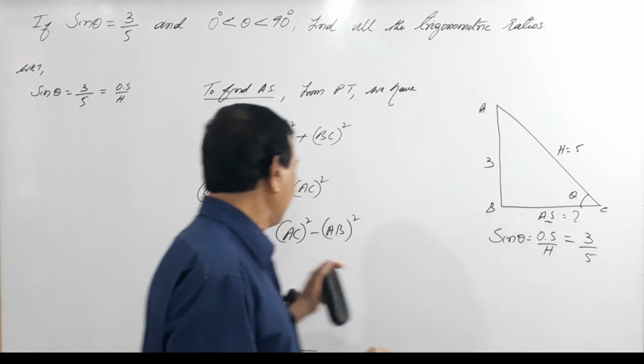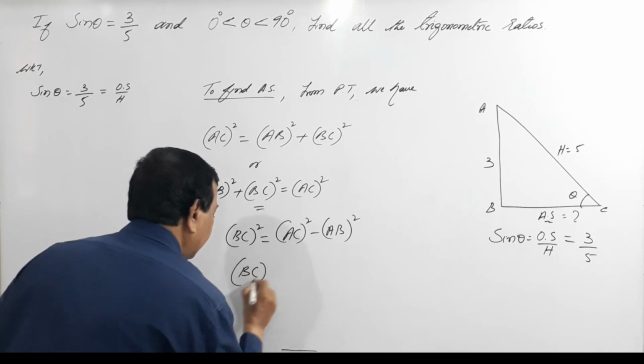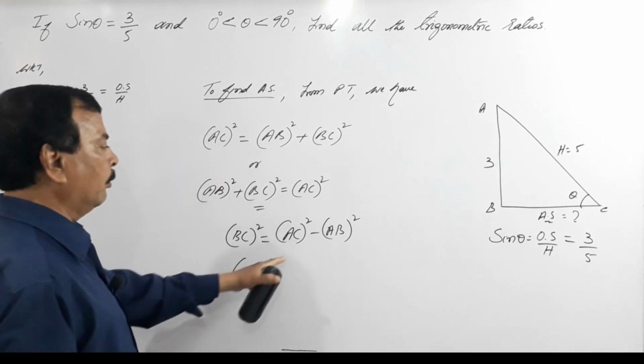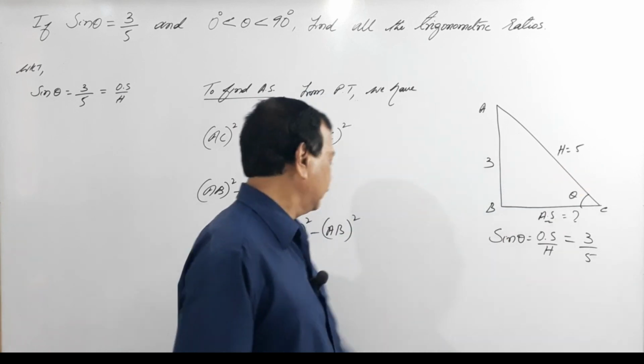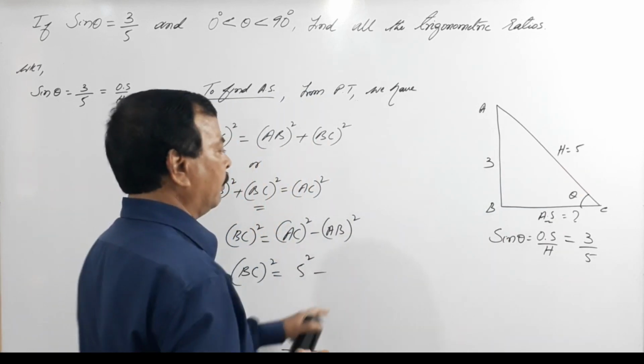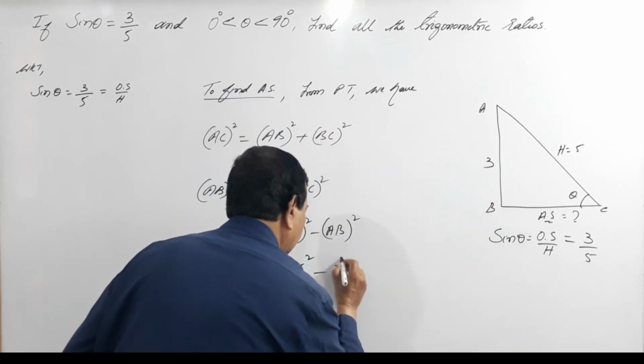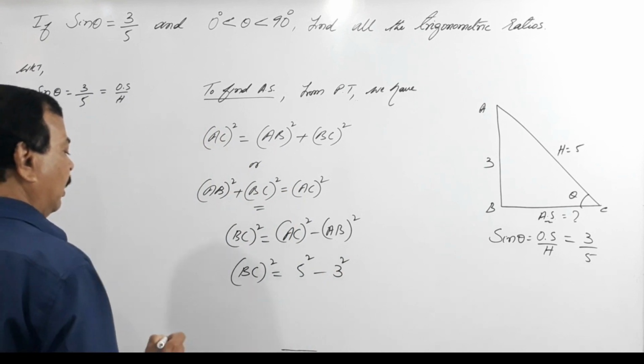Okay students? So BC square equals, what is AC? AC is 5, so 5 square minus, what is AB? AB is 3 square.